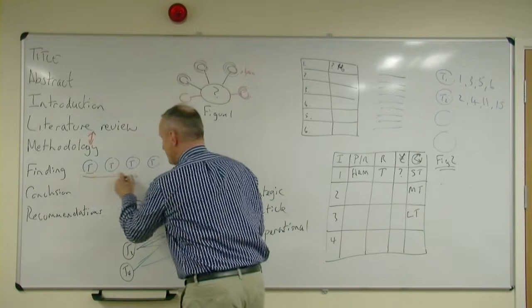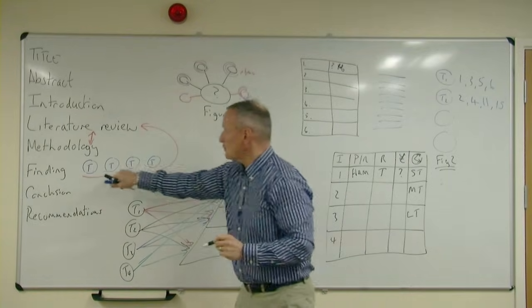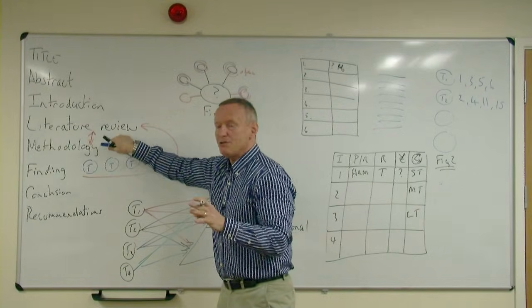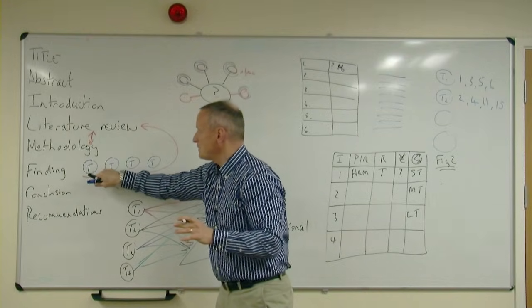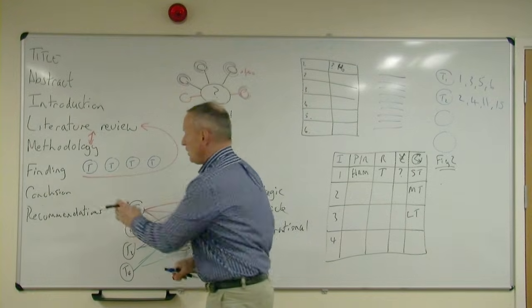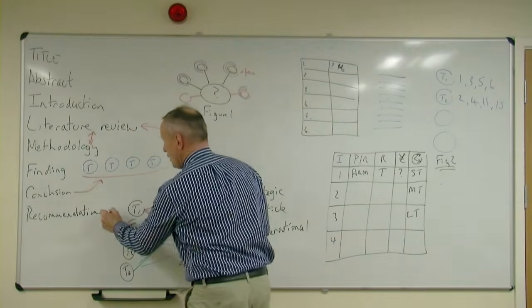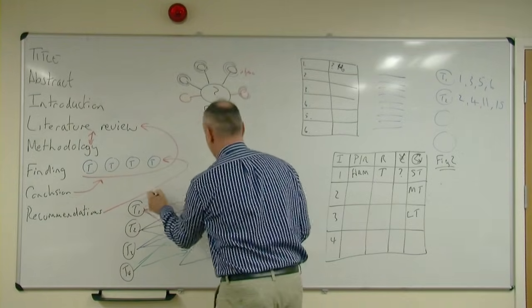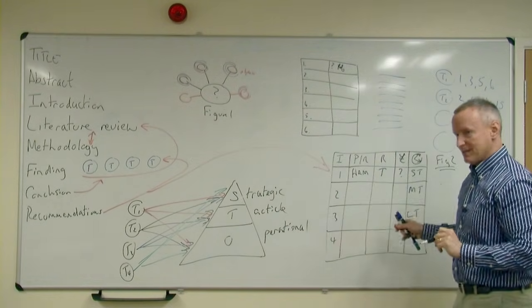Your findings section links back to your literature review, because when you're talking about the themes, you're not rewriting your literature review, you're making reference to it, just in reference only. Your conclusion links to your findings, your recommendations link to your findings, and your recommendations are developed into an action sheet within that.